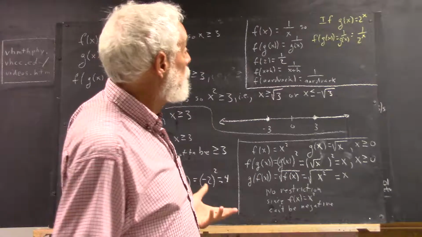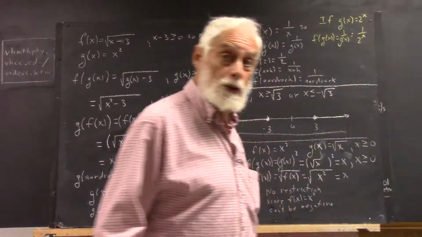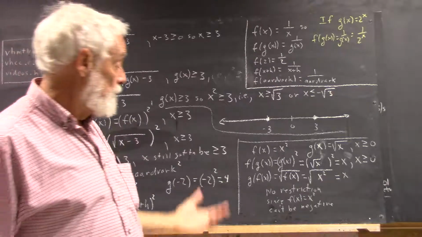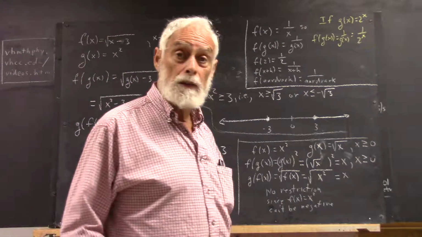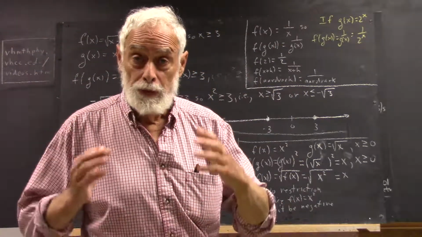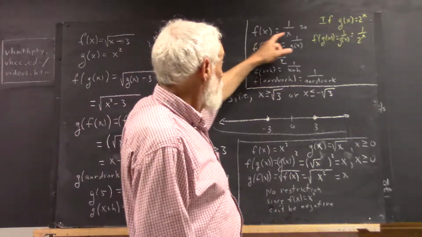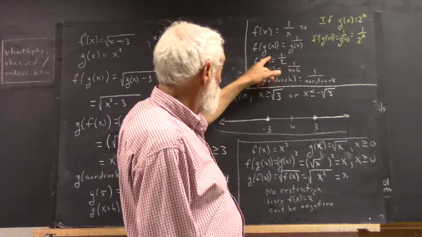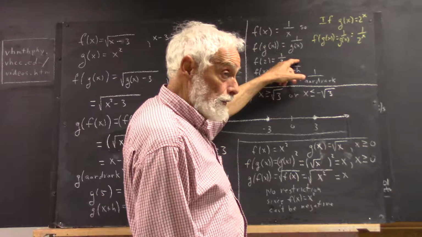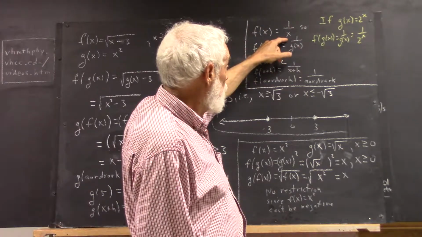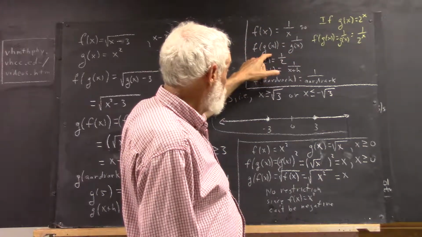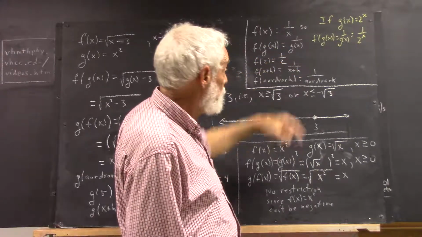Okay, so here we don't know what g of x is, so we don't have that confusion. We simply know that if f of x is 1 over x, f of g of x is 1 over g of x. Whatever this has to do with x, when you see f of g of x, you do that with g of x.